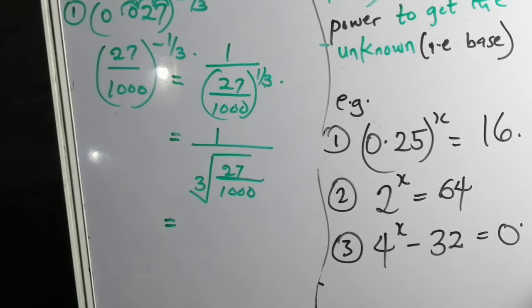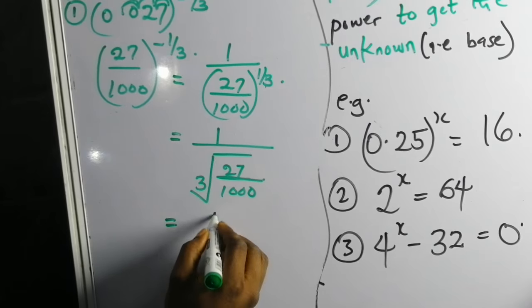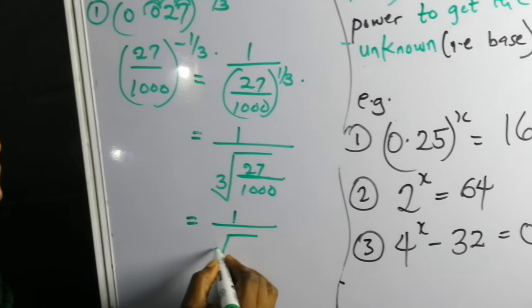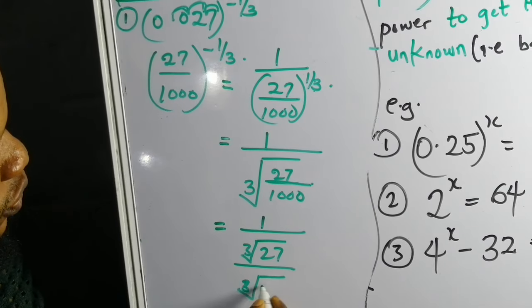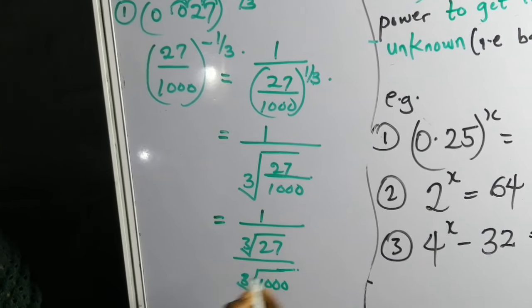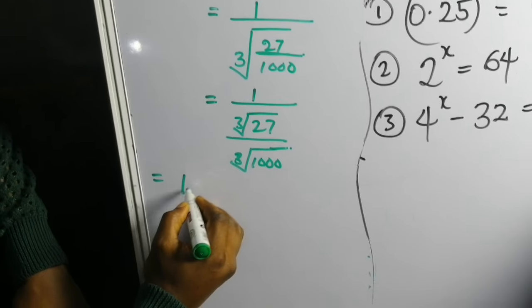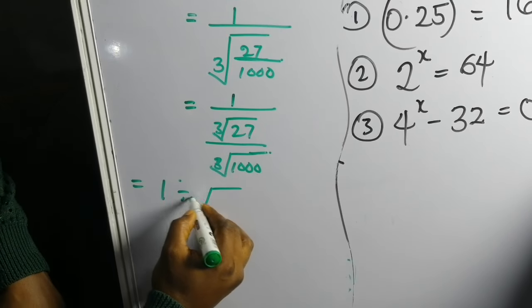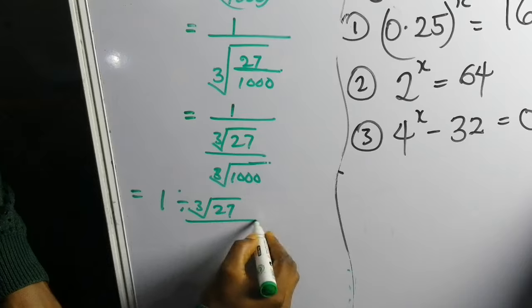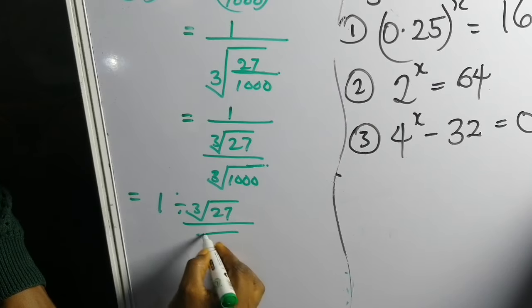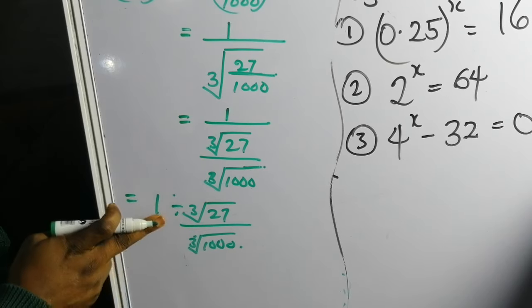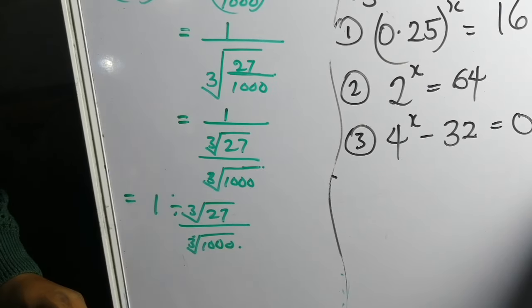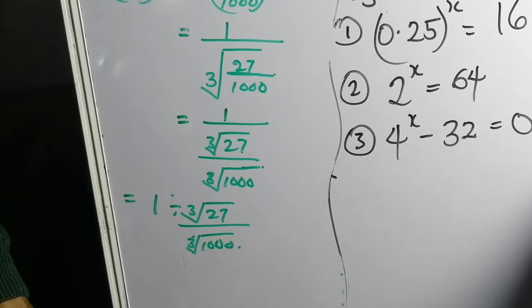So what are we saying here? We now have, I can split this to be the third root of 27 over the third root of 1000. This is the same thing as saying 1 divided by the third root of 27 over the third root of 1000. In part 1, I made mention of this, you can go through it if you want to.